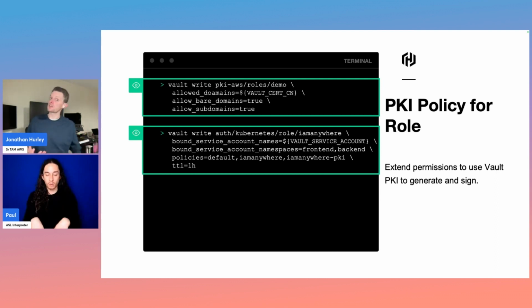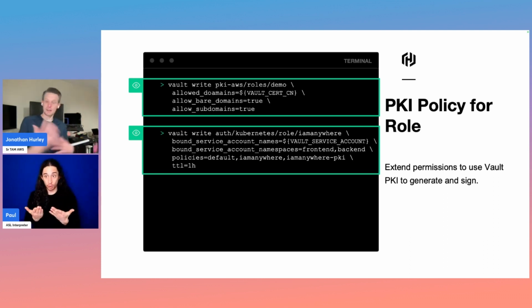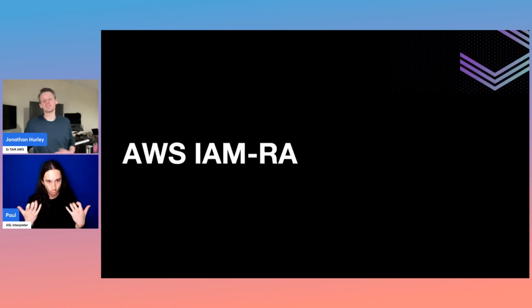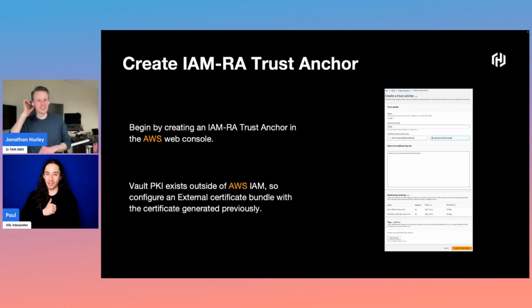This is a really important piece because this is how a pod with an associated service account can request a signed certificate from Vault. So all of these pieces now come together, and if we were to stop here, we could get signed certificates from Vault. That wouldn't quite get us where we're going though, because we still have to configure AWS IAM Roles Anywhere. Apologies in advance for the size of this icon.